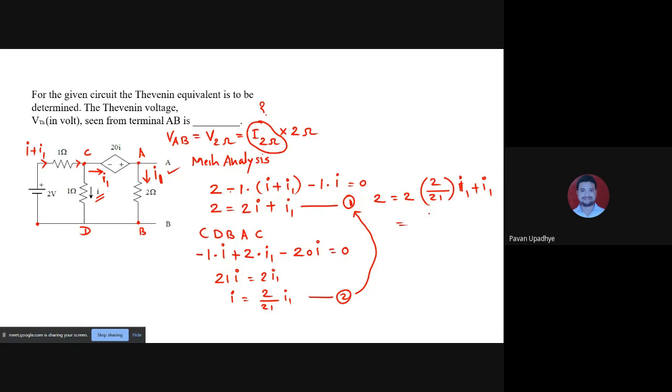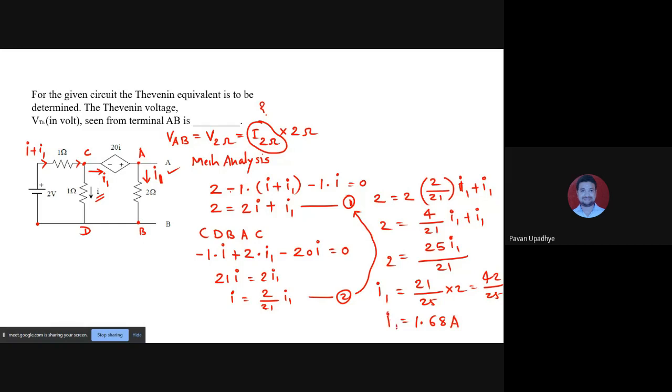So this becomes 4 by 21 I1 plus I1, which becomes 25 I1 by 21 equal to 2. So I1 is equal to 21 by 25 into 2, which is 42 by 25, and it comes out to 1.68 ampere.